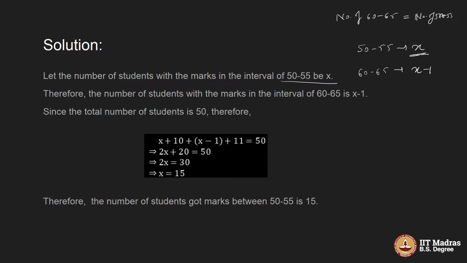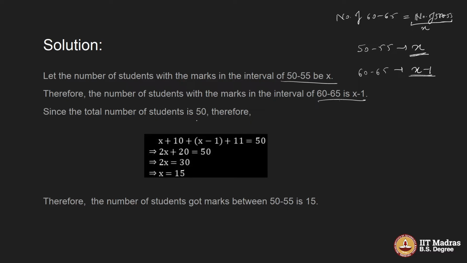So if the number for 50 to 55 is x, then for 60 to 65 the number of students will be x minus 1 only, right?